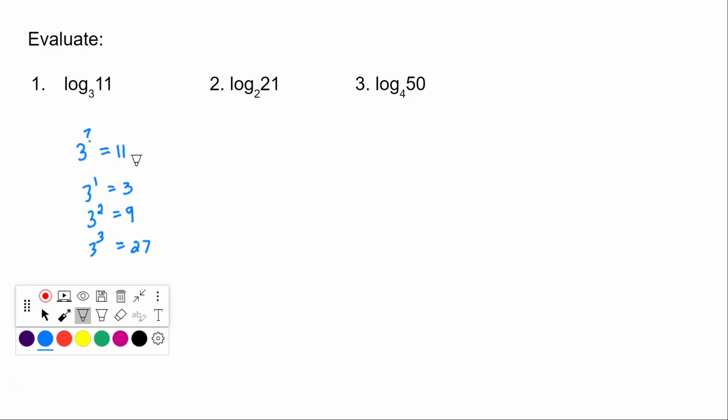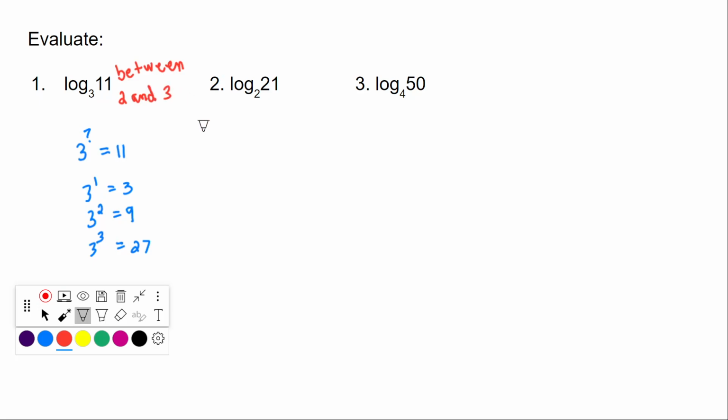Well, 11 falls between 9 and 27. So what I can do with this one is estimate that it will be between 2 and 3. Closer to 2 than it would be to 3.